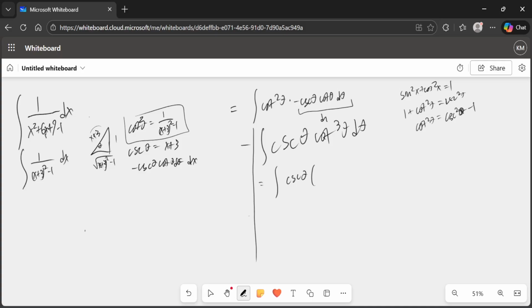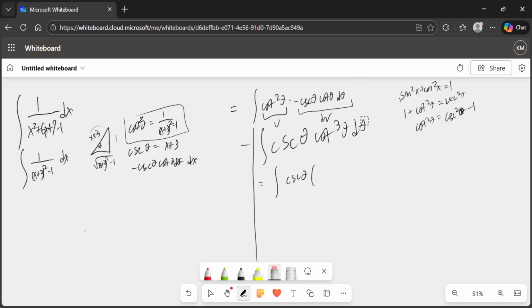The other thing I was thinking is maybe we could do this by parts, but if we do that, we're going to get, this would become v is equal to cosecant theta, and then du equals, that would just flip it so you get cotangent cosecant cubed, and that doesn't help a whole lot.